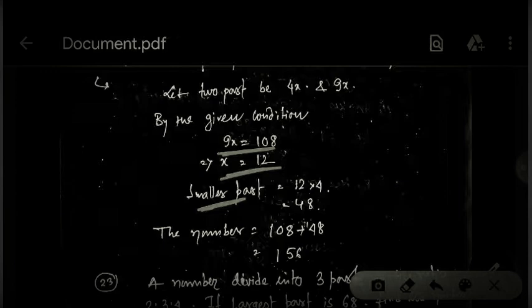Since the value of x is given, the smaller part is 12 into 4, that is 48.